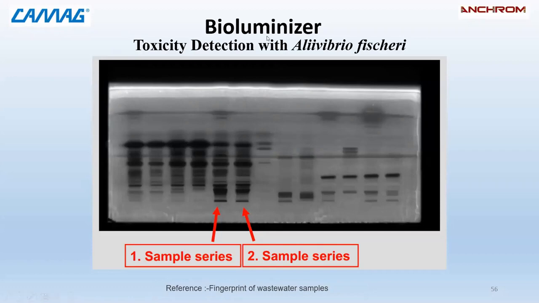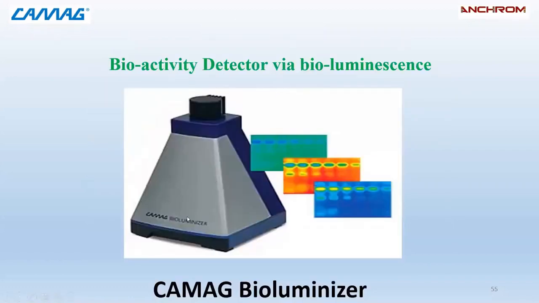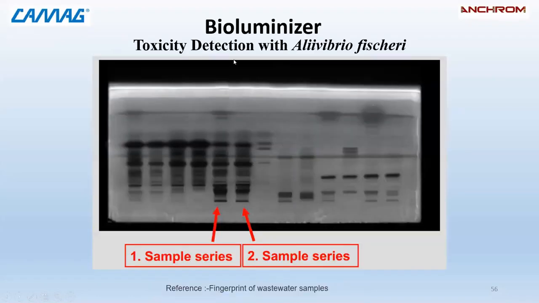Under this bioluminizer you have to take the photos, and you will get a photo like this, showing these black bands, which indicate dead bacteria. So you can say that something toxic was present which killed the Aliivibrio fischeri. This is an example of the fingerprint of a wastewater sample.